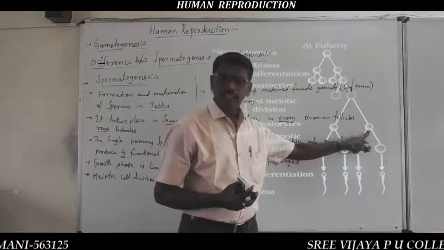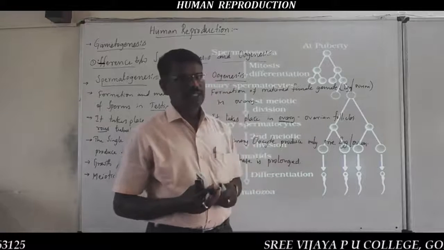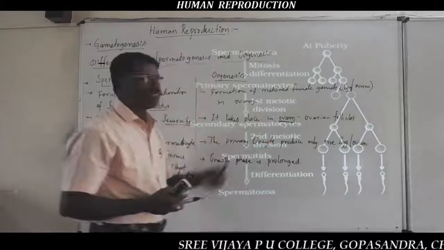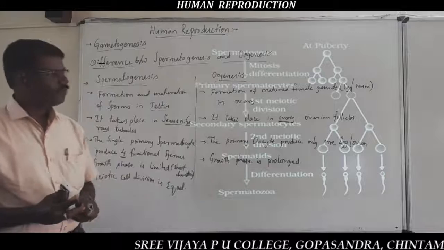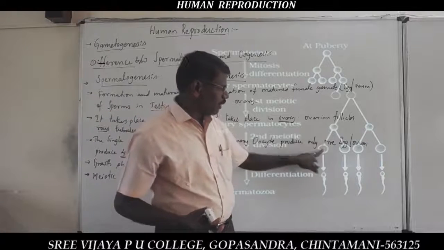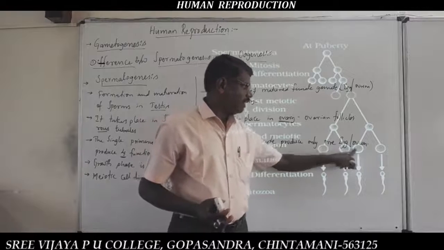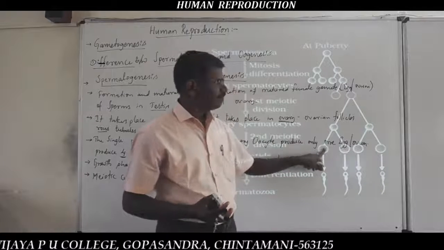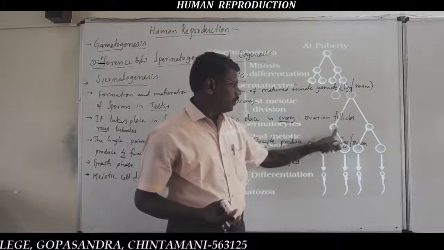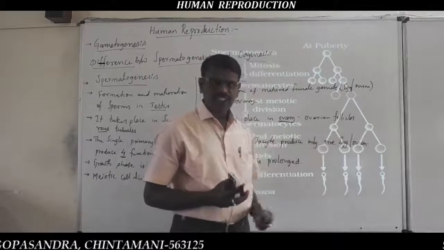The two equal-sized secondary spermatocytes are produced. But it is not like that in oogenesis. See here, the primary spermatocyte produces two secondary spermatocytes.